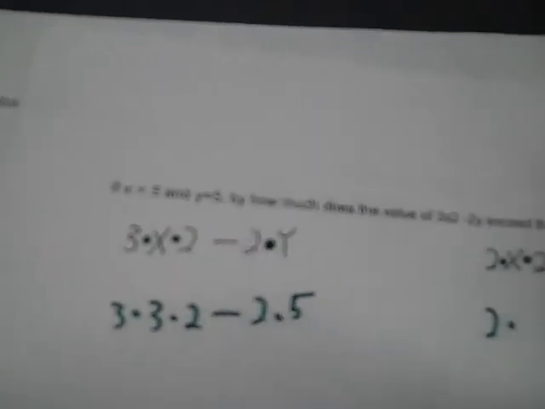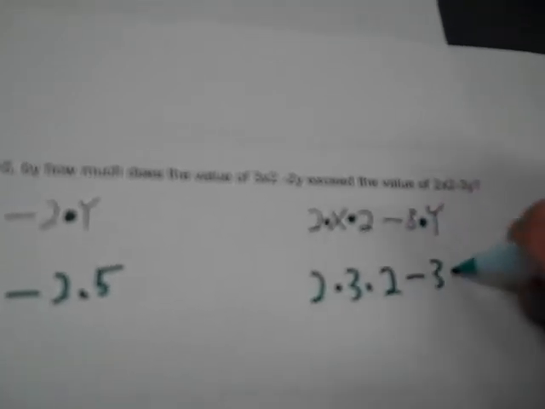So 3, and then x is 3, times 2, minus 2, and then y is 5. Then I go over here, 2, x needs to be 3, times 2, minus 3, and our y needs to be 5.